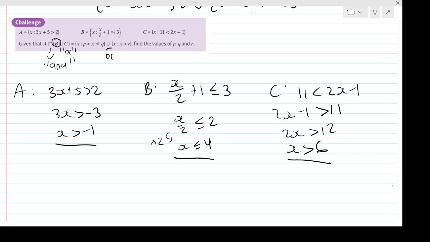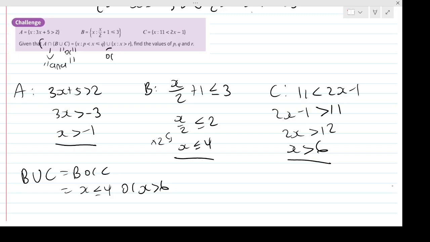So we can really simplify all this now. Again with brackets, let's work out what's in the bracket first: B or C. The U means or, so that means x less than or equal to 4, or x greater than 6.